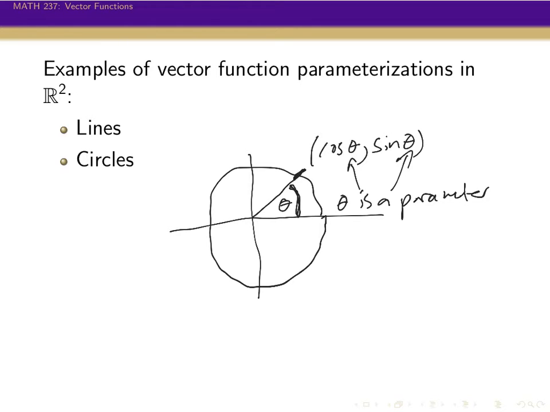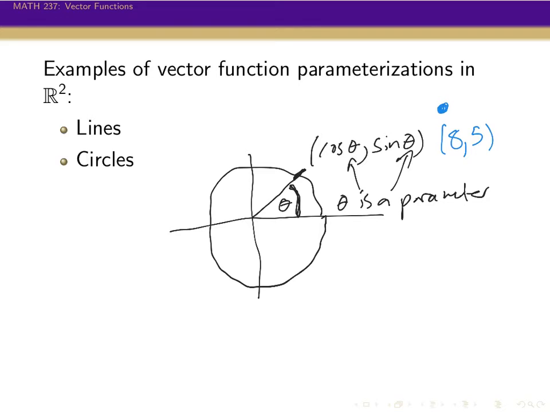So what if we want to do this for circles centered somewhere else? Rather than being centered at 0, 0, let's do it centered somewhere else, something like 8, 5.